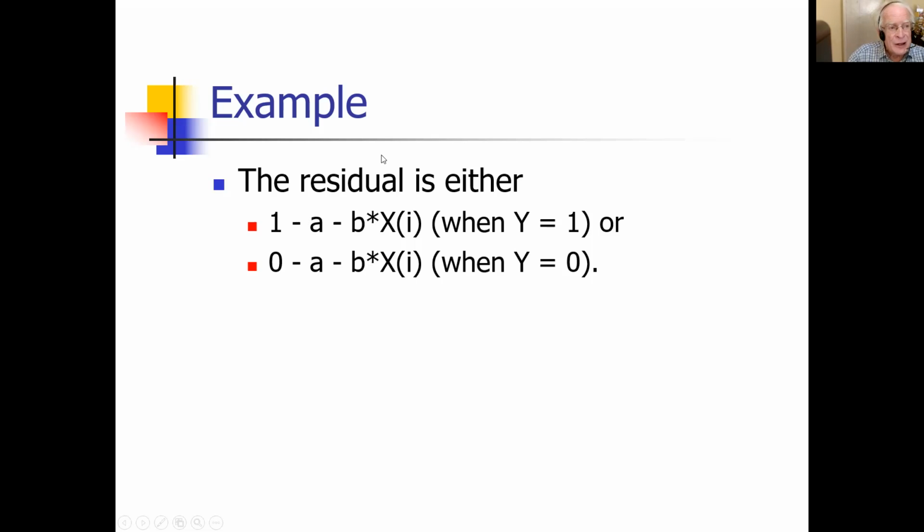Now, the residual is the difference between the actual value of y and the predicted value. In this case, there are only two possible values for the residual: one minus the predicted value, or 0 minus the predicted value.